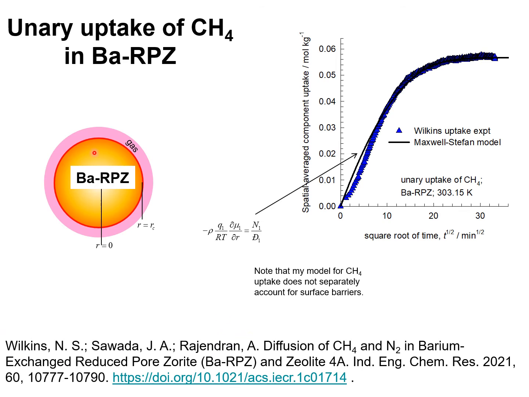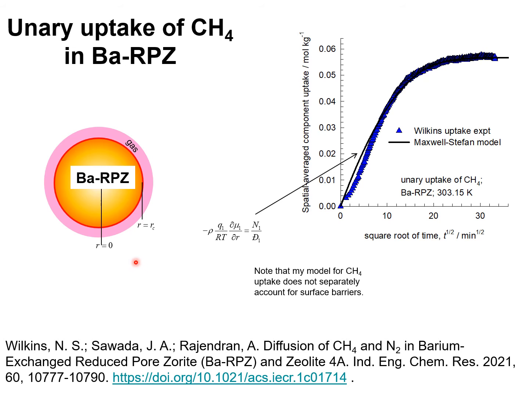An important and persuasive advantage of the use of the Maxwell-Stefan diffusion equations for describing diffusion inside microporous materials is that the Maxwell-Stefan diffusivities D1 and D2 that quantify molecule-wall interactions in a binary mixture are the same as those for the corresponding unary systems.